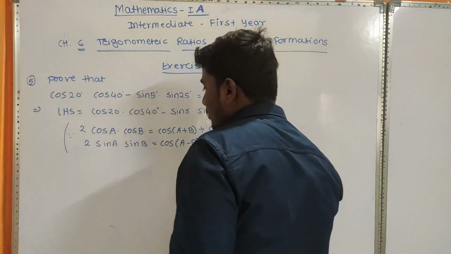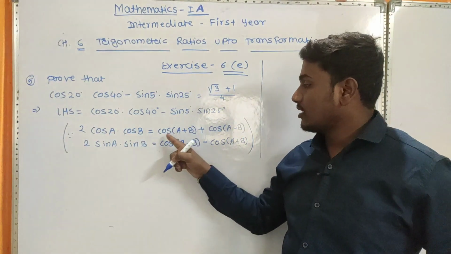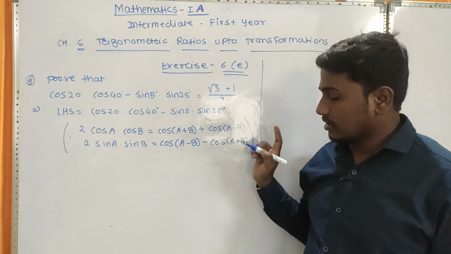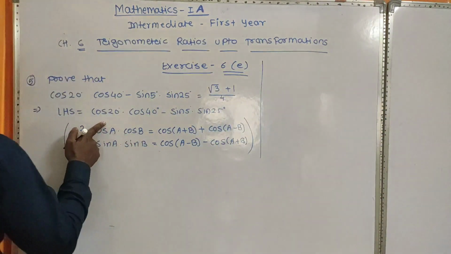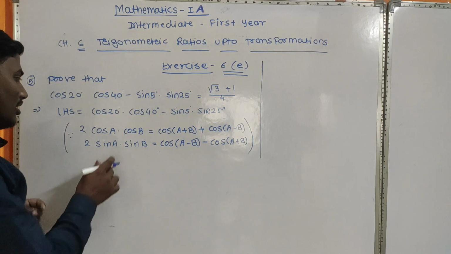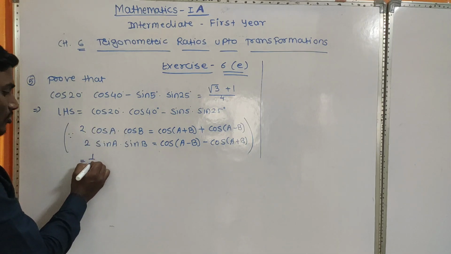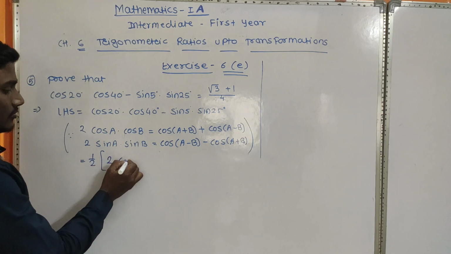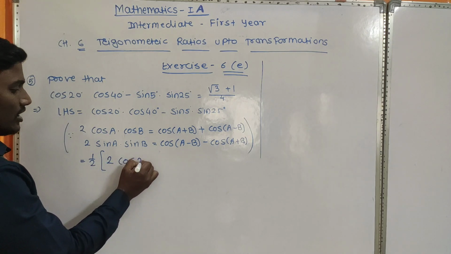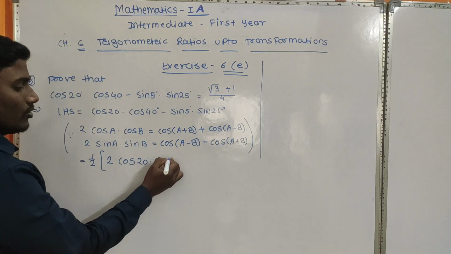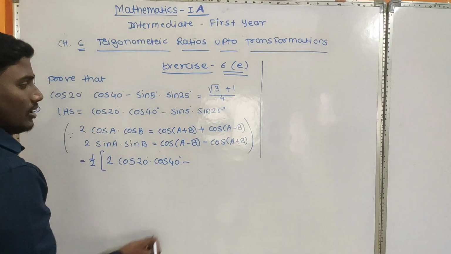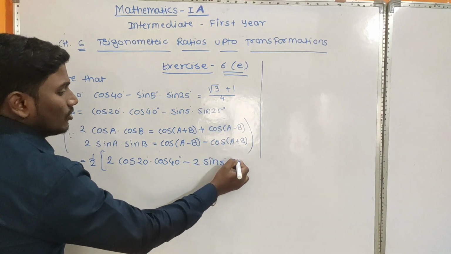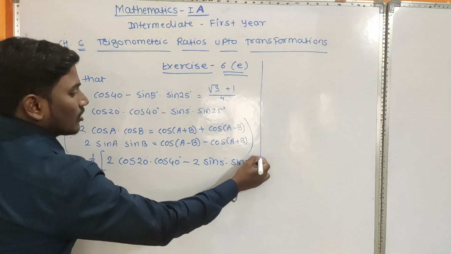2 cos A into cos B is equal to cos of A plus B plus cos of A minus B. So first I want here 2. So you can multiply and divide it by 2. So what we get? 1 by 2 into 2 times cos 20 degree into cos 40 degree minus, here into 2, meaning 2 sin 5 degree into sin 25 degree.